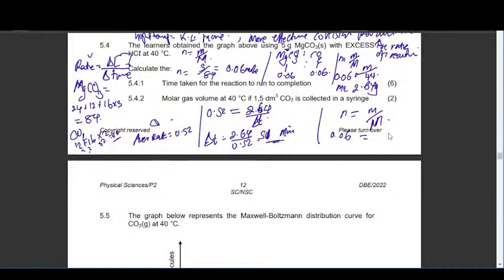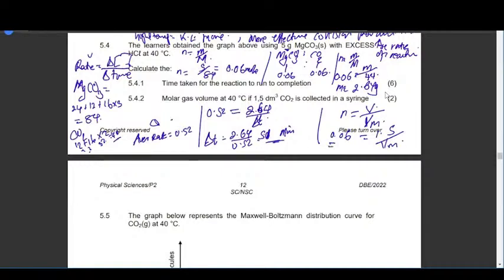Yes, I have the mass. Okay, let's not use the mass because they are looking for molar volume. So let's use the volume over molar volume. Do I have the volume? Yes, I have the volume, which is 0.5 out of the molar volume, which I don't know.